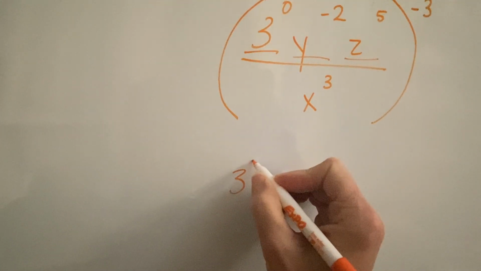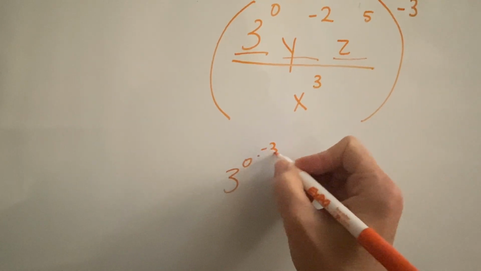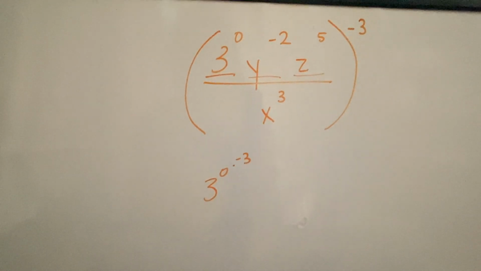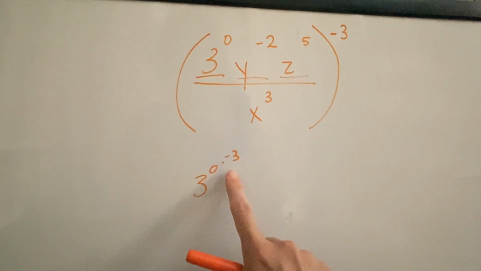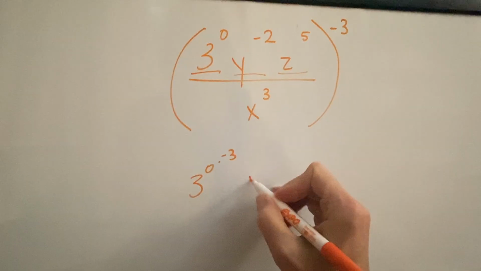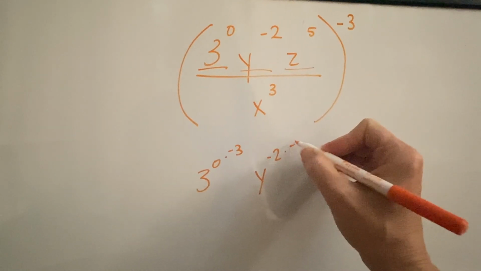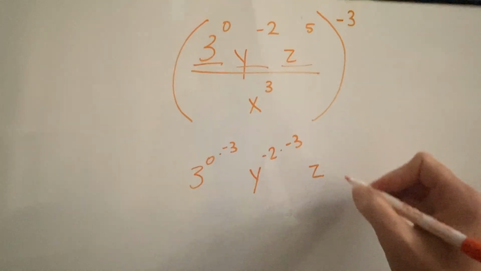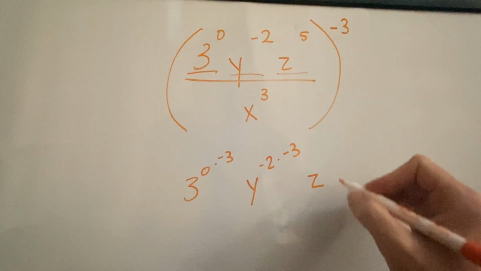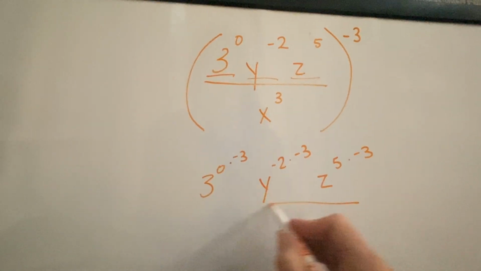So 3 to the 0. So that's basically times negative 3 is what we're doing. So 3 to the 0 raised to the negative 3 power is 3 to the 0 times negative 3. And I'm just writing it this way so you can see it a little bit easier. And then z is to the 5th times negative 3.